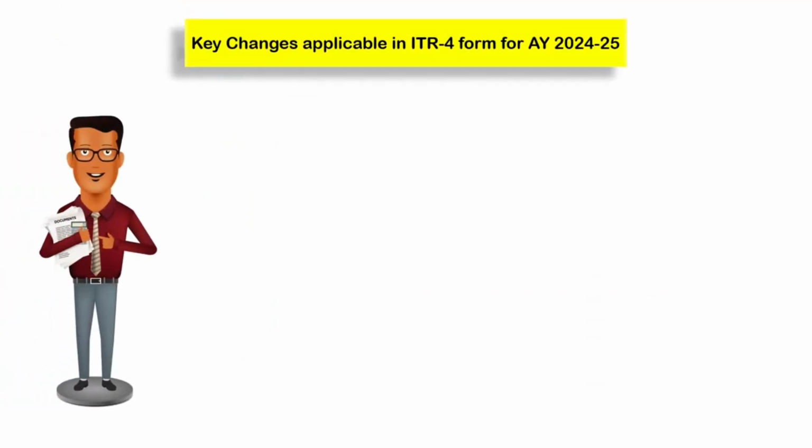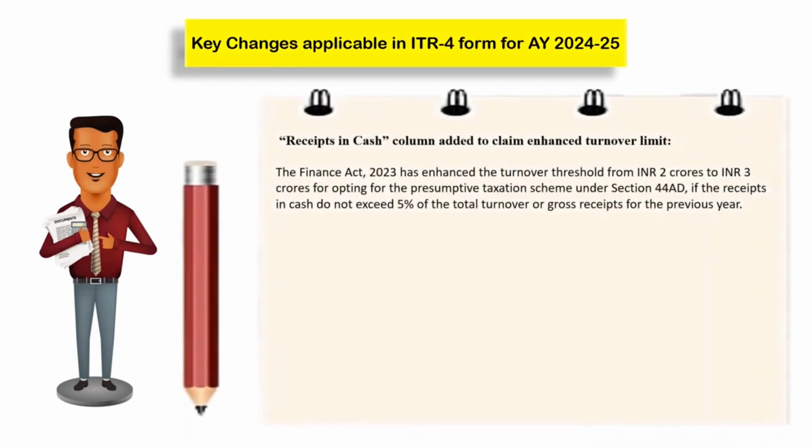Another change added in the ITR-4 form for assessment year 24-25 is that the receipts in cash column has been added to claim the enhanced turnover limit. Please note, the Finance Act of 2023 enhanced the turnover threshold limit from 2 crores to 3 crores for opting for the presumptive taxation scheme under Section 44AD.